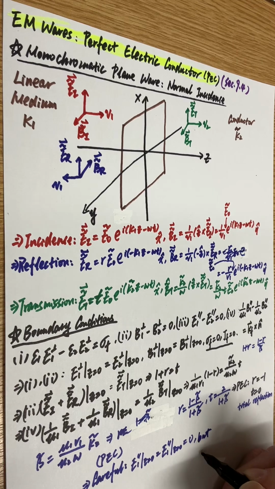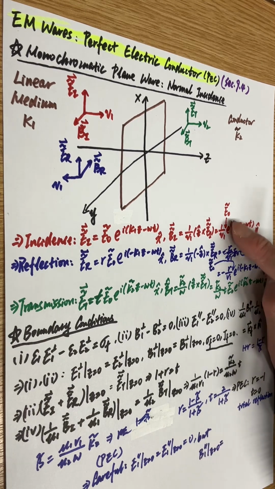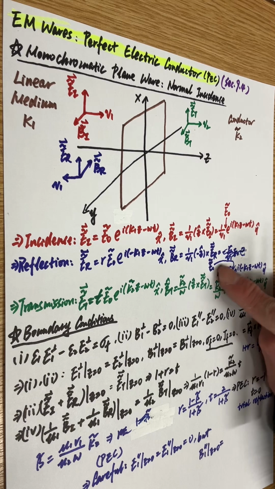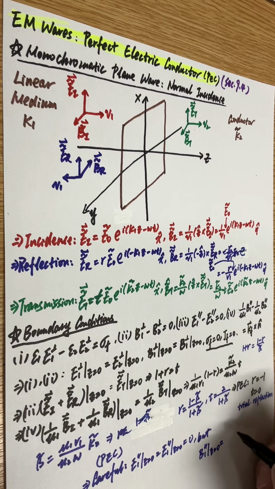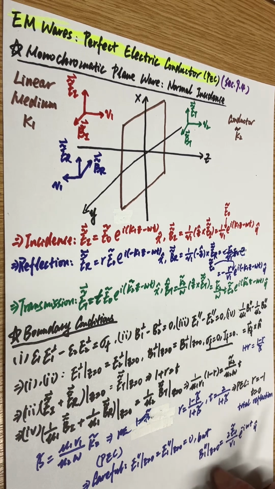We have on the left the magnetic field equal to E0 divided by V1 and E0 divided by V1 again, because R equals -1. So I have 2 E0 divided by V1, times e^(i(omega t minus kappa z)), in the y direction. So there is a magnetic field. This is another special case.